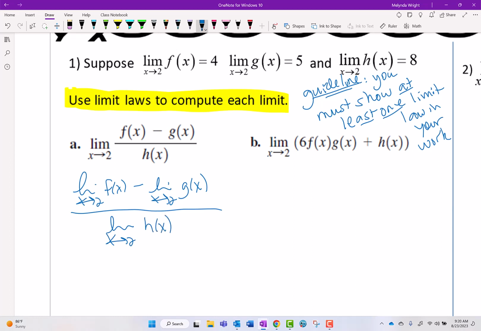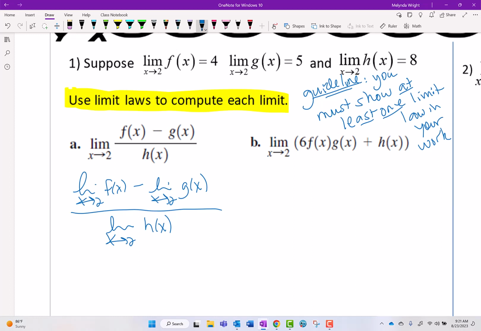So let you catch up with me. How many limit laws did I just use? 2. I used the subtraction limit law and I used the quotient limit law, right? I used 2. So great. I've used at least 1.